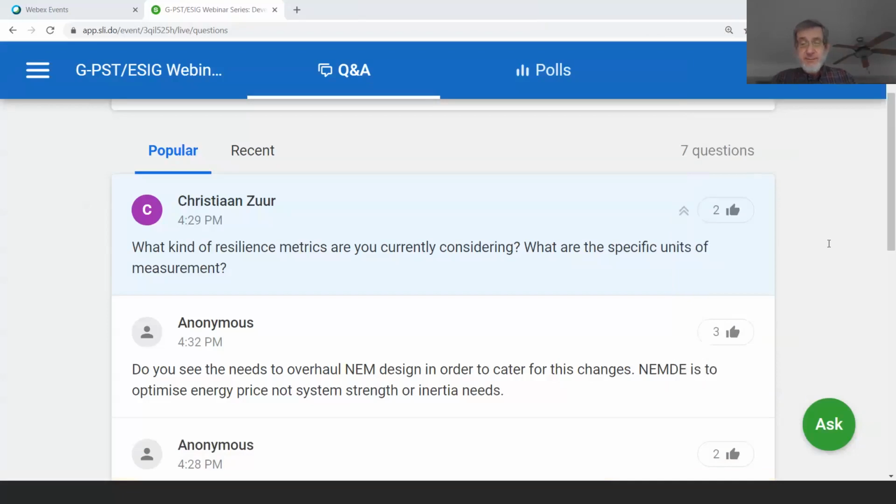Here's a question on market design, Christian. Do you see the need to overhaul the NEM design in order to cater for this change? The NEM-DE is to optimize energy price, not system strength or inertia needs. It's a good question.